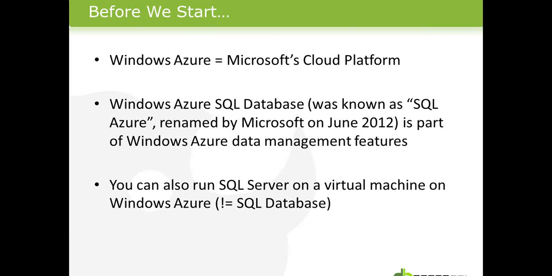They also include business intelligence, data synchronization, and other features. But SQL Database is one part of the Windows Azure feature set. That being said, you can also run any version of SQL Server on a virtual machine that you upload to Windows Azure. But that is not called Windows Azure SQL Database. It's simply a virtual machine running on Windows Azure.